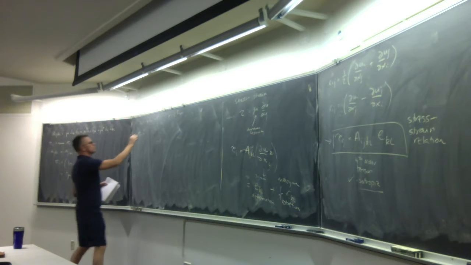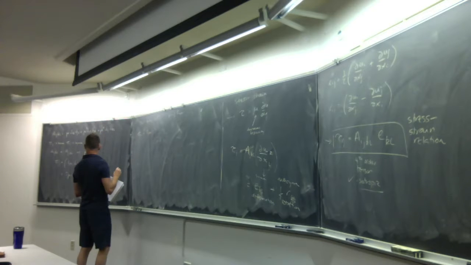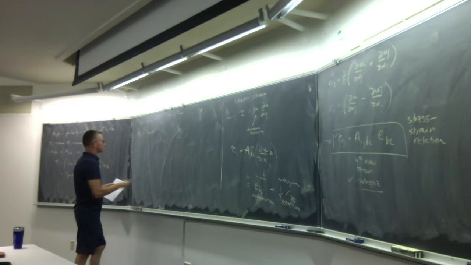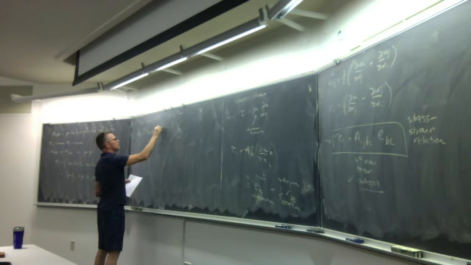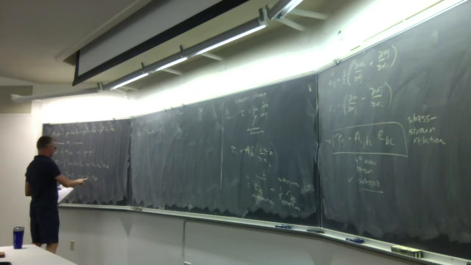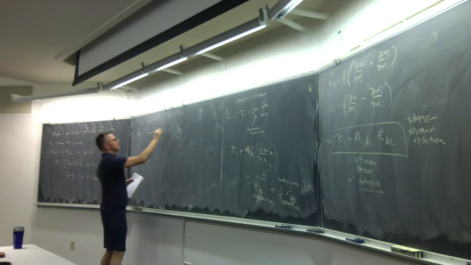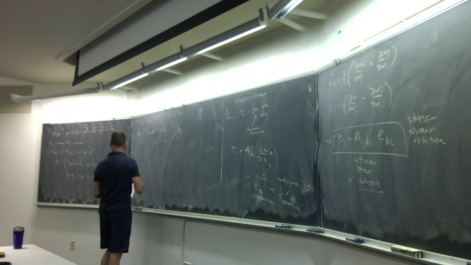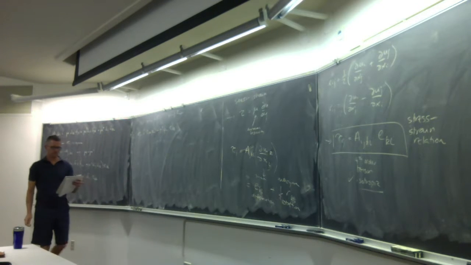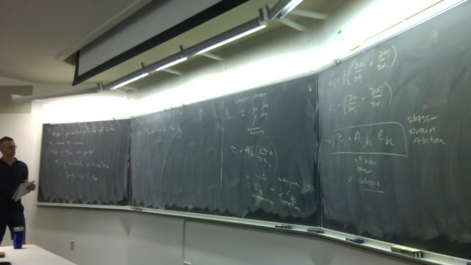So it's 2 mu e_ii plus mu double dash. Now, if I'm doing this ii, this becomes delta ii. And these k's are still kk's. Nothing has changed there.